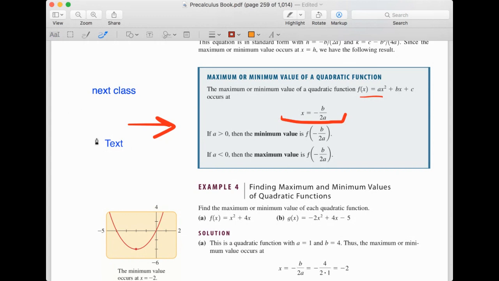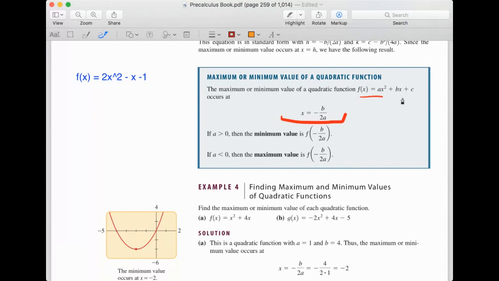Let's see if I have a function. Let me make an example. So f of x equals 2x squared minus x minus 1. Let's figure out a, b, c here.